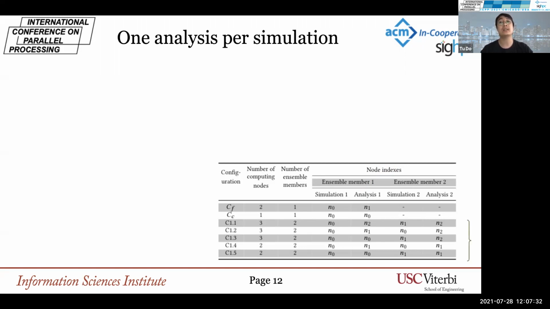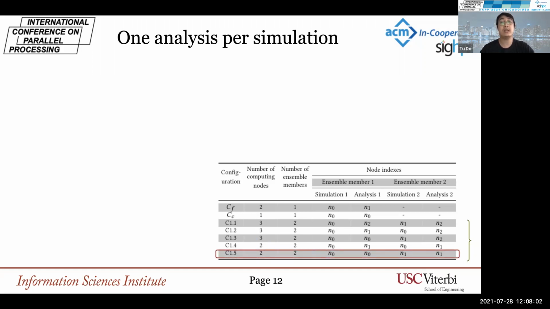We focus on the set of configurations that has two ensemble members. In these 5 configurations, there are 3 configurations that use 3 compute nodes and 2 configurations that use only 2 compute nodes. And intuitively, we think that the performance of the last 2 configurations should be better compared to the other configurations.